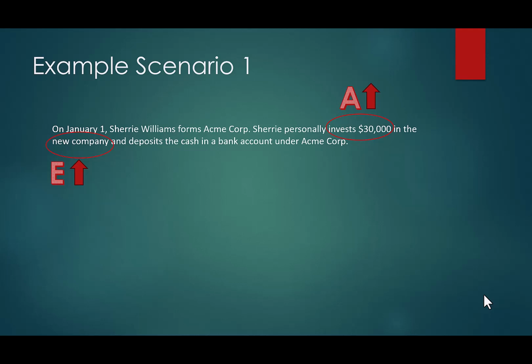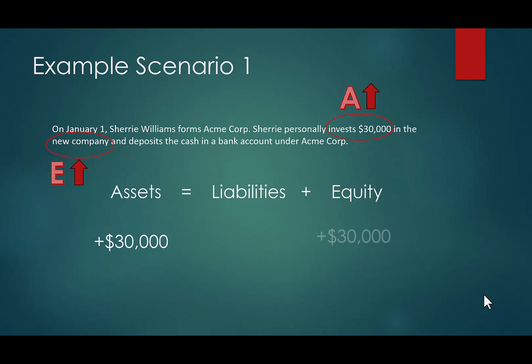The last thing we want to do is pull up our accounting equation and make sure that it still balances after this transaction. Cash went up $30,000. That was the only impact to our assets. Our liabilities weren't impacted in any way, and our equity went up $30,000. This is a good transaction because our accounting equation balances at the end of it.